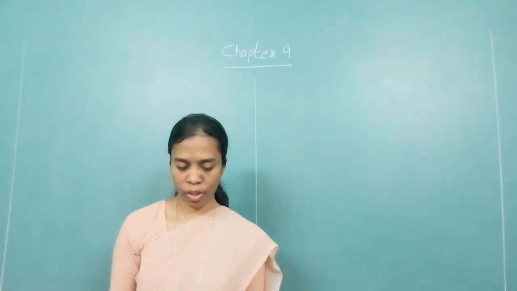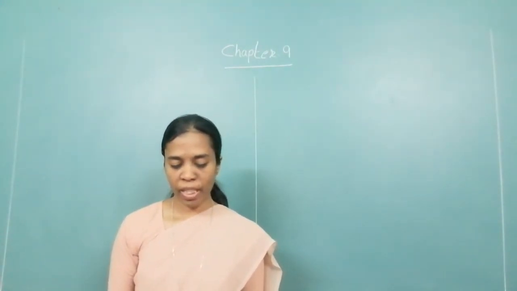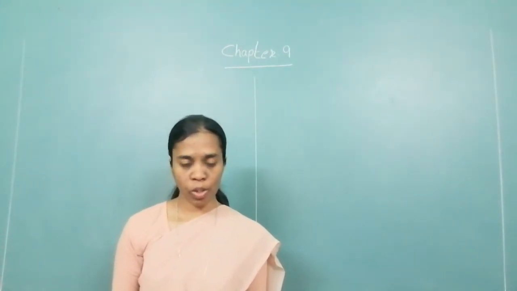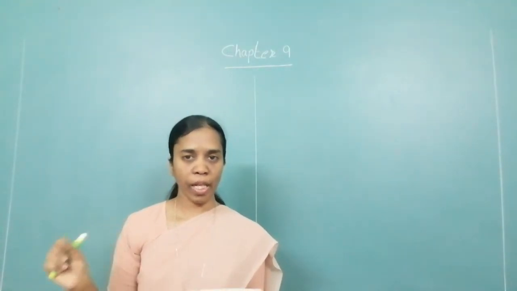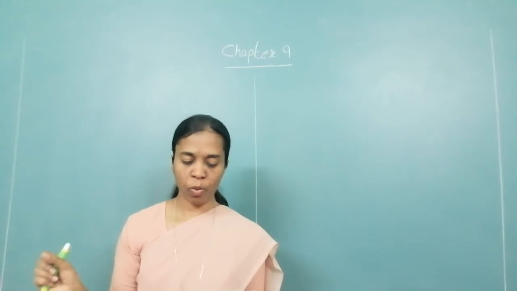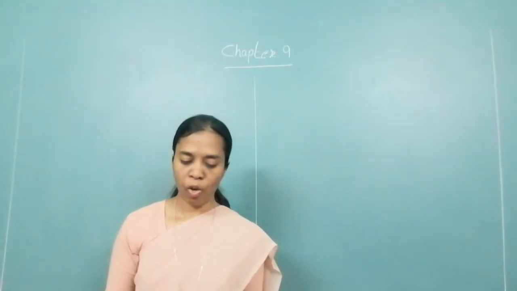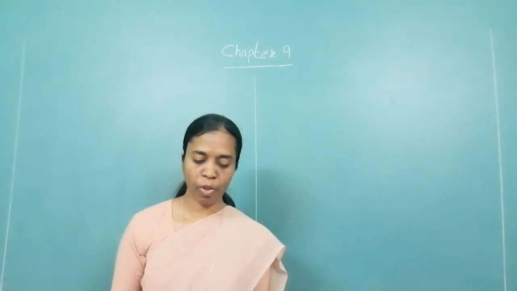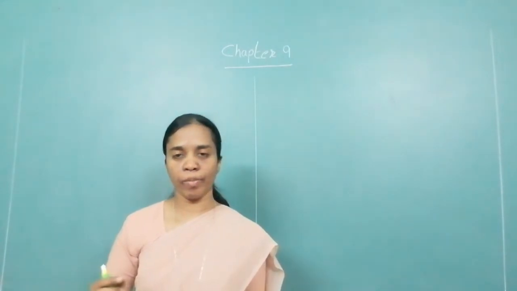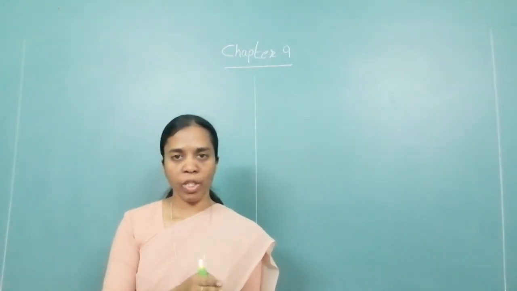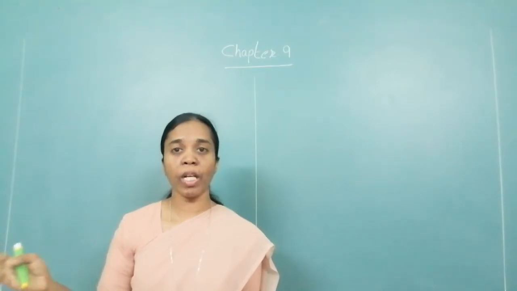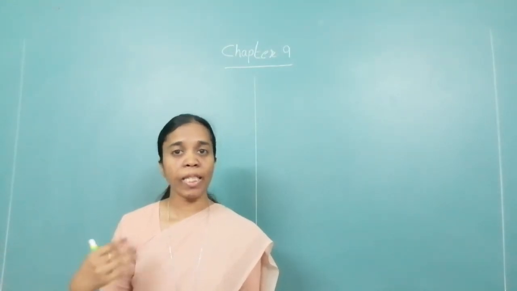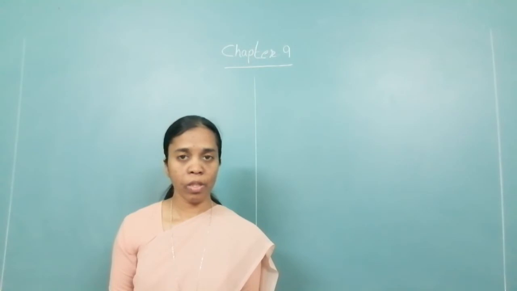The first question. If 7 kg onions cost rupees 140, how much do we pay for 12 kg onion? 7 kg cost this much, that is 140. 12 kg how much? Is it a direct proportion?